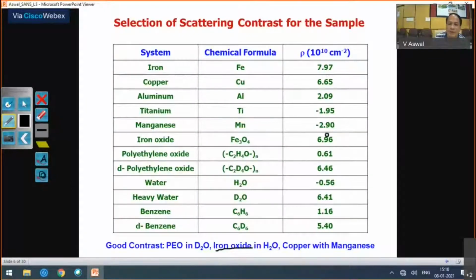So it will work very nicely, but not copper with iron. So if you want to see, let's say in a copper-iron alloy, some clustering or something like that, then this will not work in the case of neutrons. But you have to find the right combination, or at least you should know that this will give you enough scattering, or enough contrast, in the case of neutron scattering.